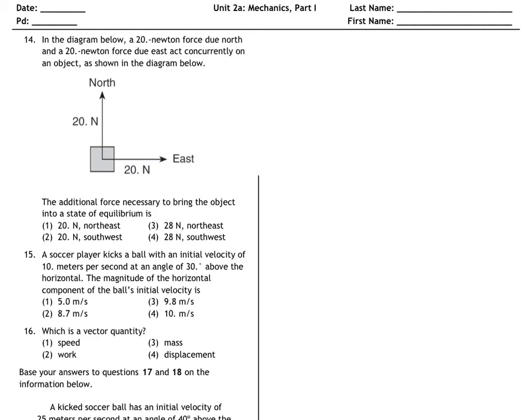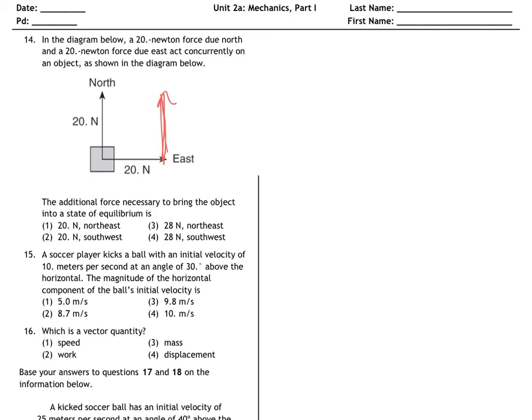All right, so in this question, we have a 20 Newton force due north and a 20 Newton force due east, and we're asked about equilibrium. Let me draw something for you. Basically, I'm just going to move the vertical axis over to the right, just mirror it. So there it is, I just moved it over.